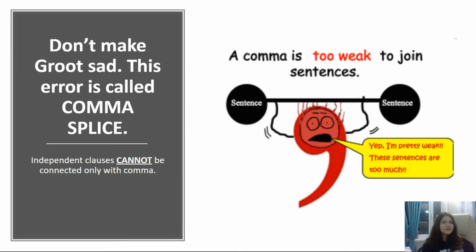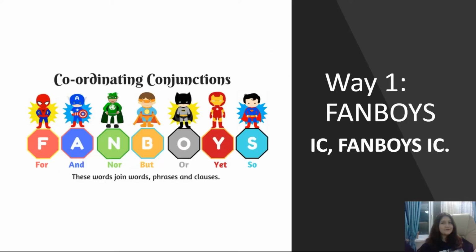Let's look at the first way of connecting two independent clauses. Way number one, fanboys. Fanboys are conjunctions: for, and, nor, but, or, yet, so. How does it work? Independent clause, comma, fanboys, independent clause.